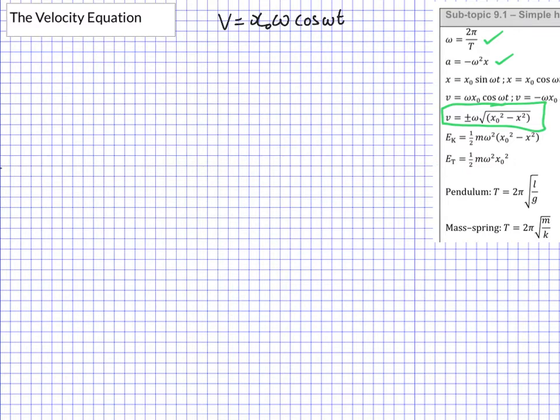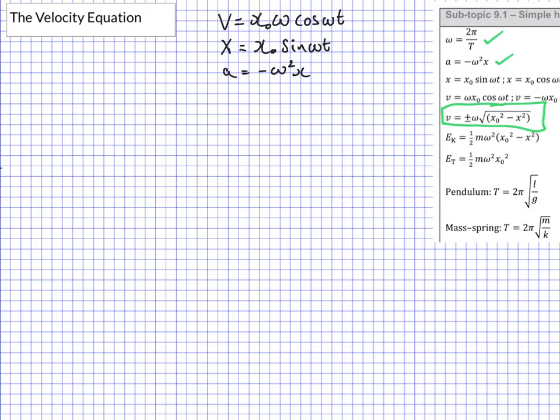In addition, we can also say that the displacement in a simple harmonic motion is the maximum displacement and then sine omega t. These are things we've looked at before. And then acceleration, I probably should have done these in the other order, doesn't matter. Acceleration is the negative omega squared x.